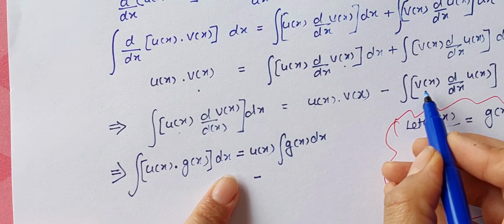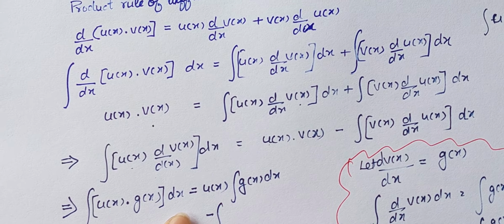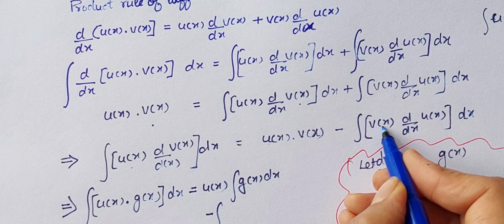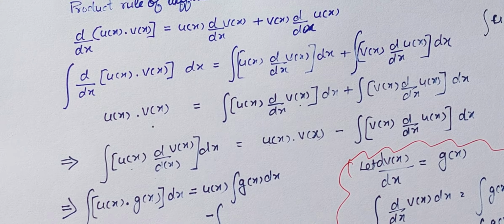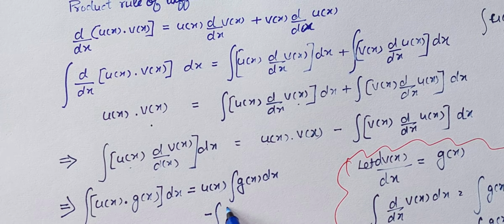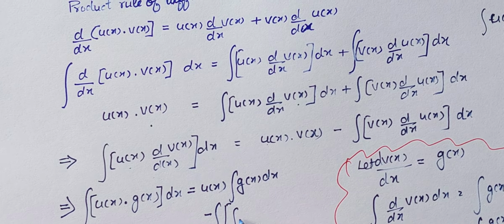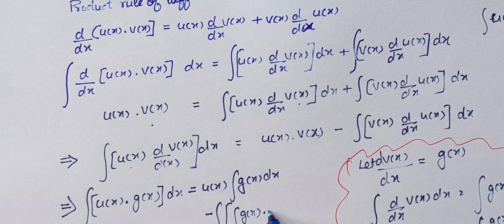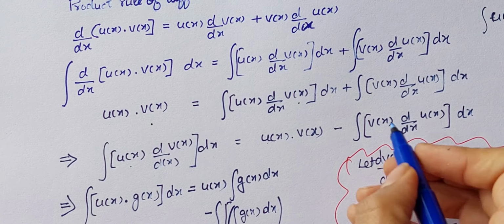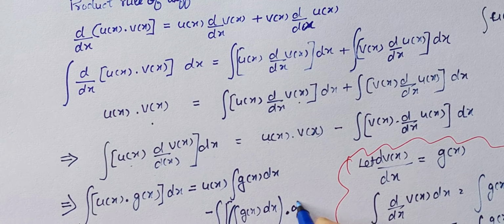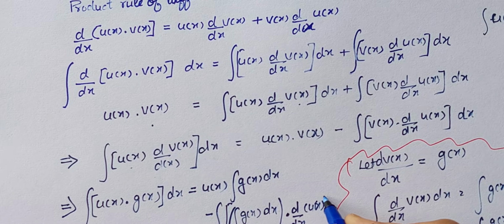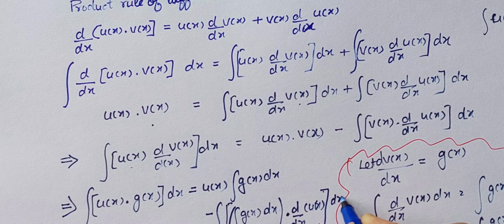And then minus, let me write it here. Then minus, now what do we have? The integral of this is your v(x). We do not want any v(x), so instead we can write it like this: integral of g(x) dx, and then here we have d/dx of u(x), and then dx.